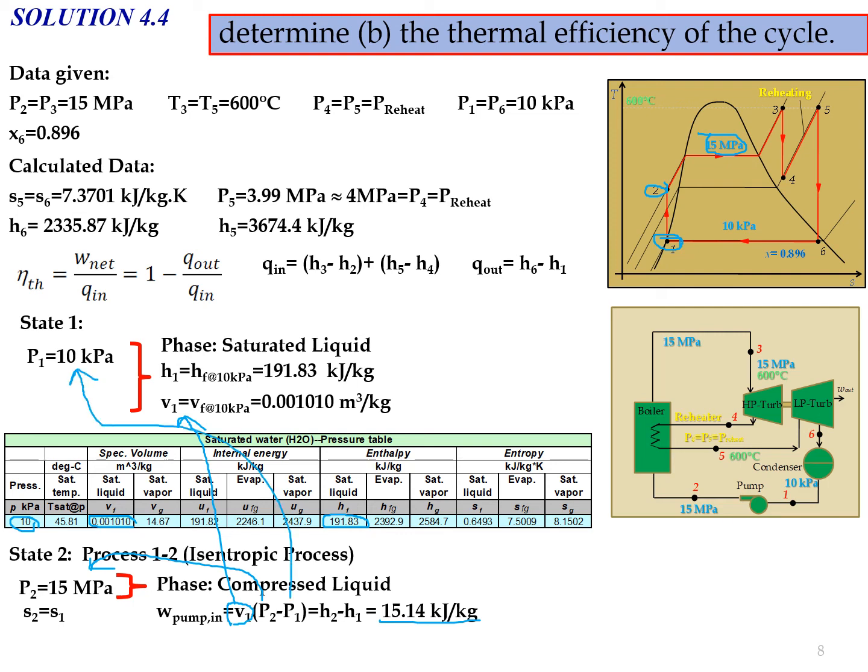From these values we can calculate the work pumped in, and we also know that h1 is equal to 191.83. So from this equation, work pumped in is equal to 15.14 kilojoule per kg, and h2 is equal to 206.97 kilojoule per kg.